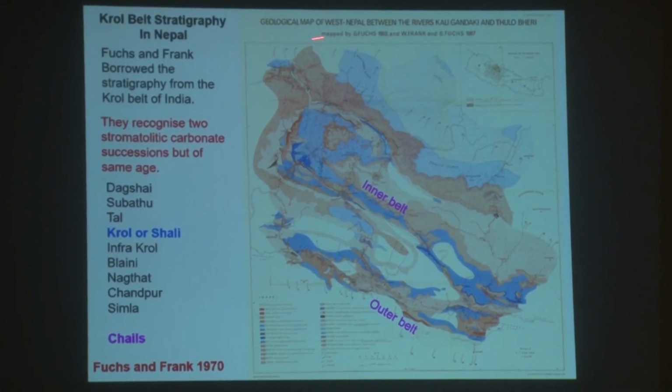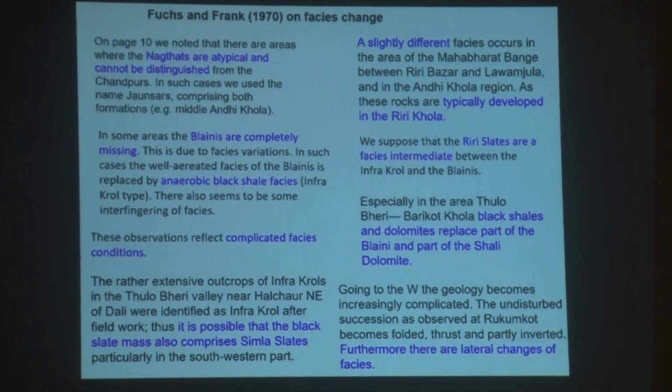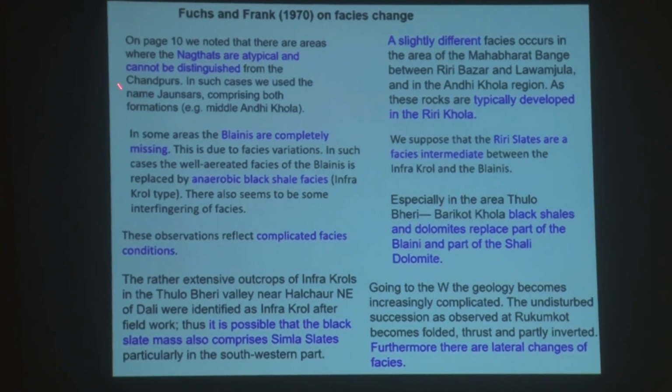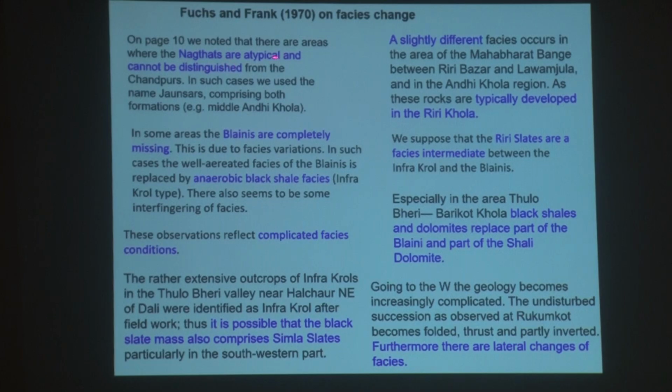In their paper of 1970, they have made a very extensive discussion of the geology, and I just want to show you some of the writings. You see, in almost every paragraph and every page there is some information describing changes.